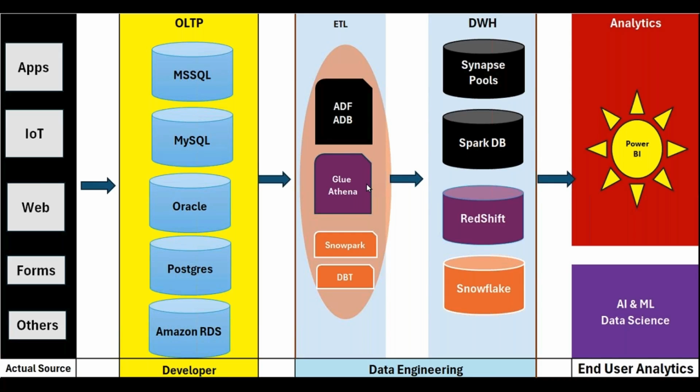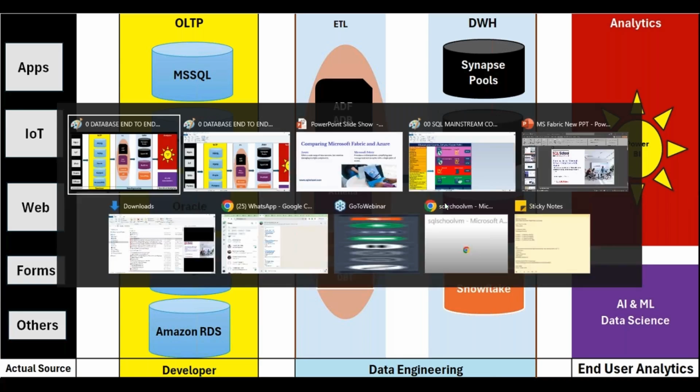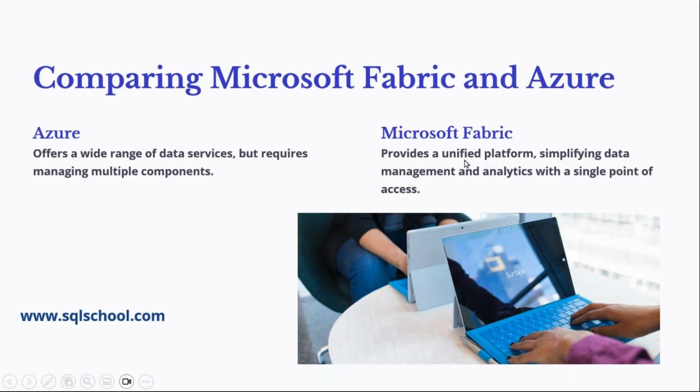In the same way we have separate licensing and pricing for ETL and warehouse in Amazon as well, AWS data engineering. Whereas if it is Fabric, one license, one price. Unified platform, simplified licensing, just like a buffet.